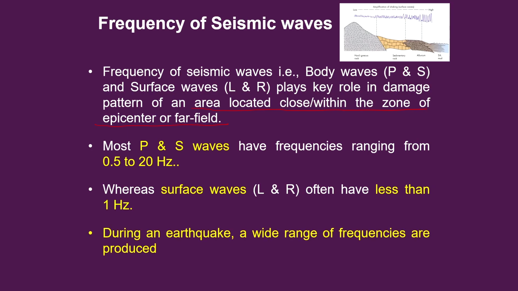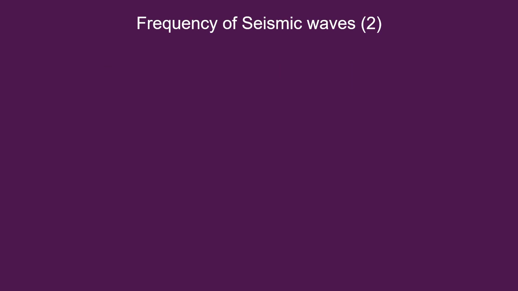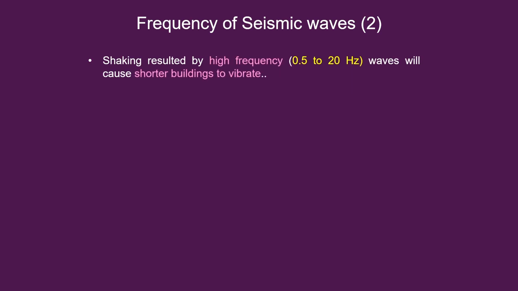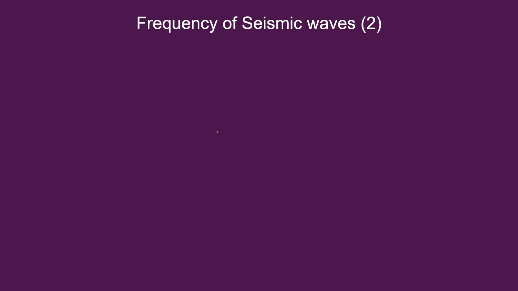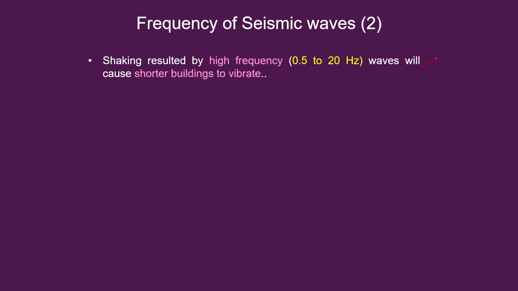Now, during an earthquake, a very wide range of frequencies are produced, and the shaking resulted by high frequency, where we are talking about around 10 or maybe 20 hertz, is related to your P and S wave. This is body wave.